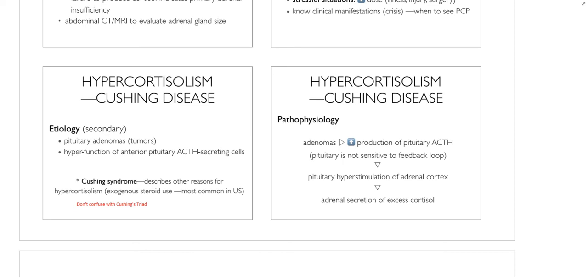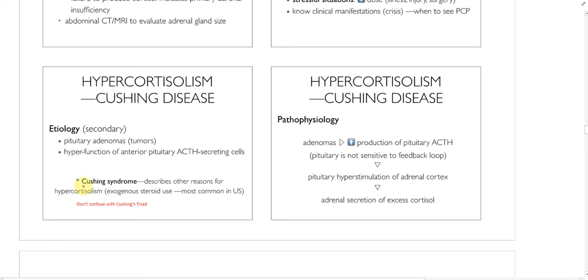So, we have this hyperfunctioning, hyper-secreting anterior pituitary that's releasing a ton of ACTH into the blood. And that ton of ACTH is telling the adrenal gland, put out a whole bunch of all your stuff. So mineralocorticoids, glucocorticoids, all the stuff. And so that's how we get this hypercortisolism.